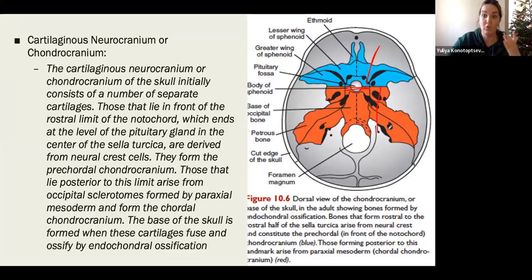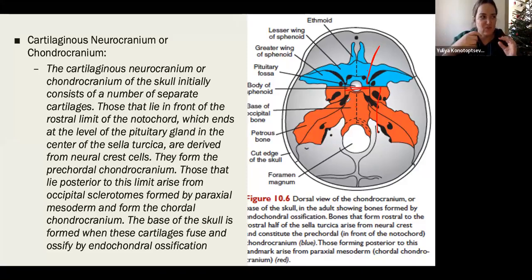Luckily, we don't have to know why exactly. And as the brain develops, it will modify this cartilage in the most convenient way. So for example, if a certain nerve has to go in a certain direction, luckily it's cartilage, so it will just push through it and reach the destination.